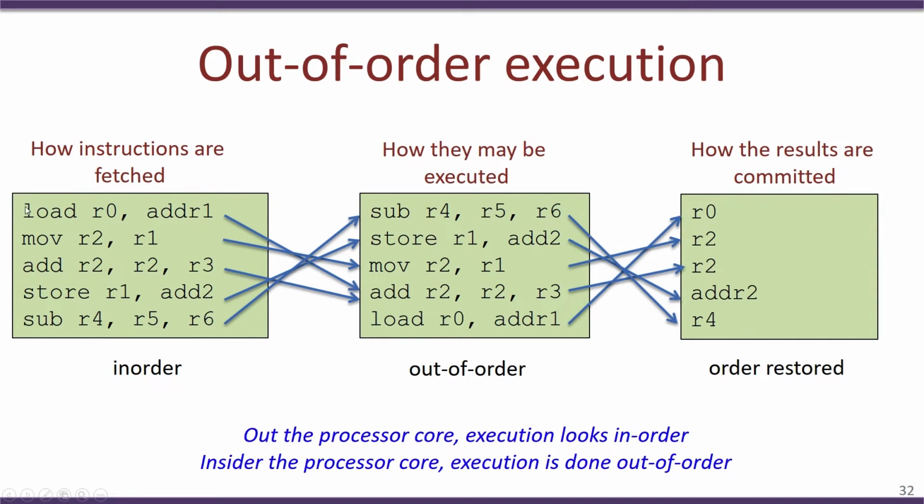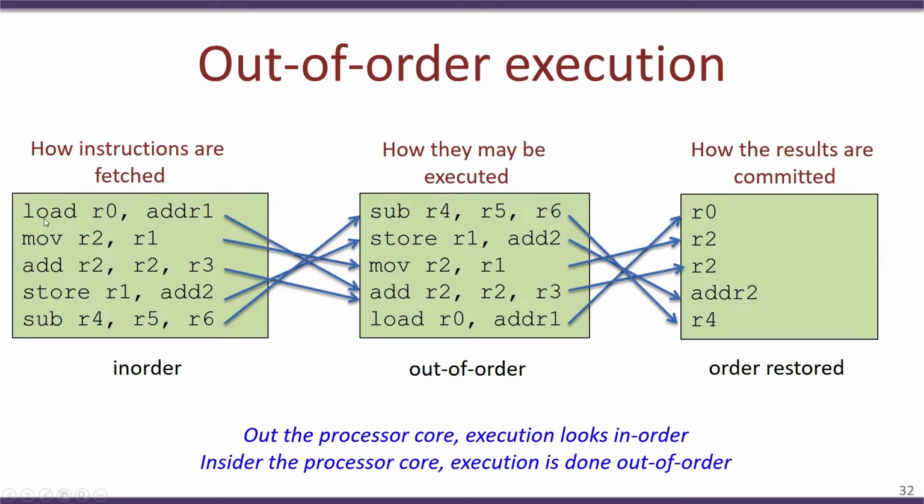In order to run these instructions in a correct manner, what is expected is that each of these instructions executes in precisely this order. So first the load instruction executes, then move, add, store and subtract. However, quite often it is noticed that it would be beneficial from a performance perspective if these instructions are reordered.